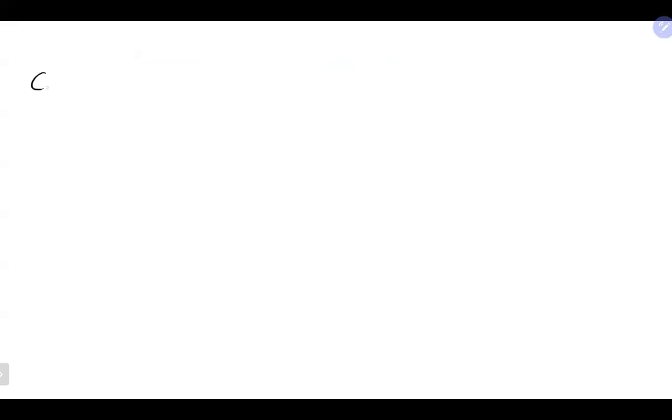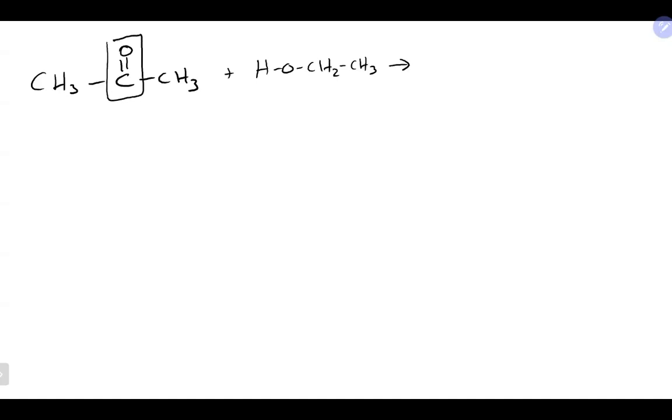So we'll take any ketone, and again, a ketone looks something like this. And if we added an alcohol to this, it will work the same way. We need to make room for it, so it's all going to happen right there. And we're going to turn it into a single bond to make room for it.